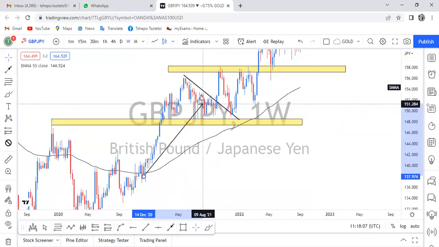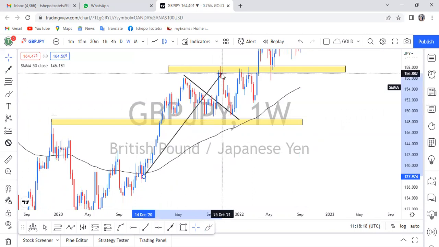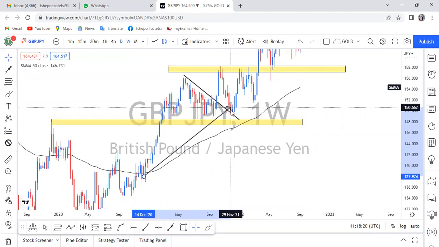We can see when price touches this trend line, it goes back down. What I said, our support can turn into a resistance. So now price did break this resistance and is coming back here to retest, turning it into support.